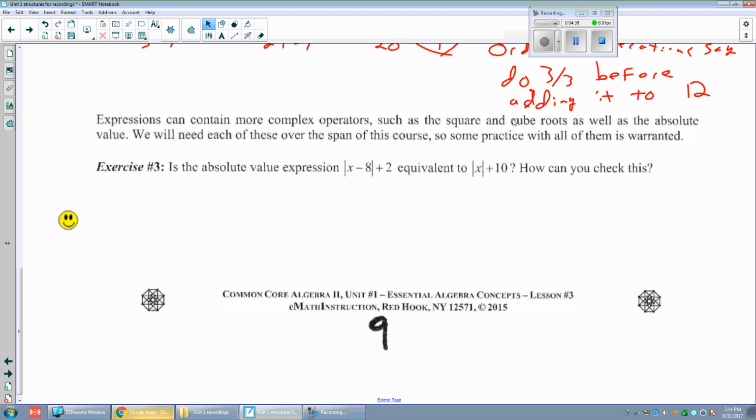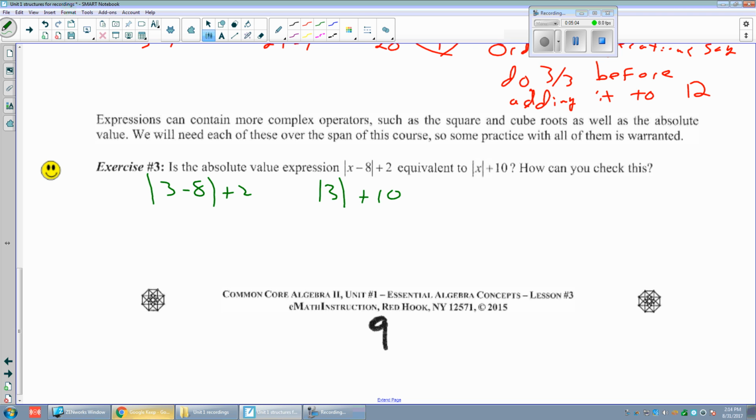How can you check this? Pick a number like 6, or 3. Why don't we want to pick 0? No, we're going to get the right answer if we pick 0. So pick 3. 3 minus 8 plus 2, does it equal 3 plus 10?